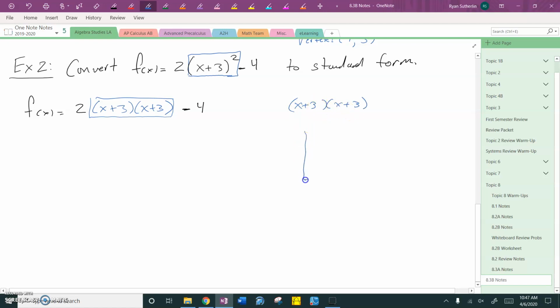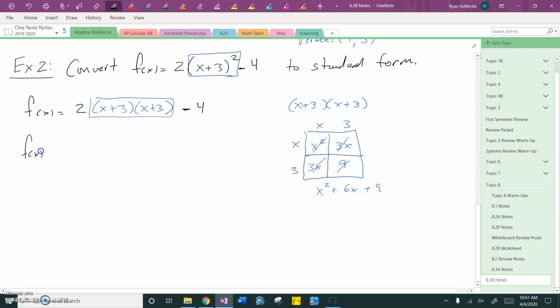This time I'm going to remind you how to do this if you want to use the box method. So I have x plus 3, x plus 3. So this is x squared, 3x, 3x, and 9. So if I combine like terms, I get x squared plus 6x plus 9.